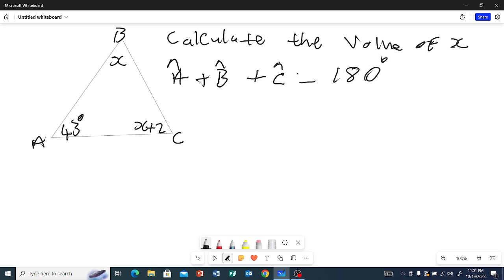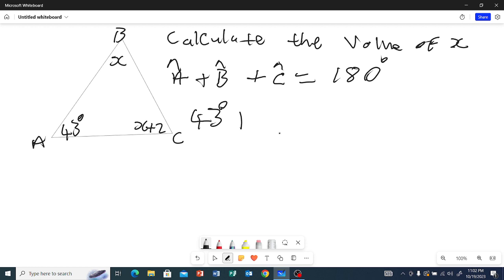This is angle C. So if you add all those, they must give you 180 degrees. Now the next step is to substitute. Looking at the diagram, what is the value of A? The value of A is 43. Then where there's A, you must write 43 degrees. Now what is the value of B?